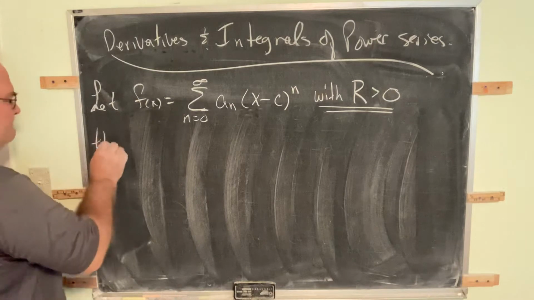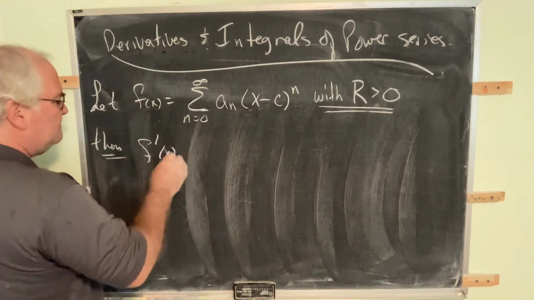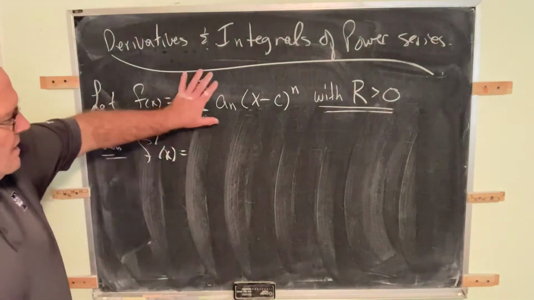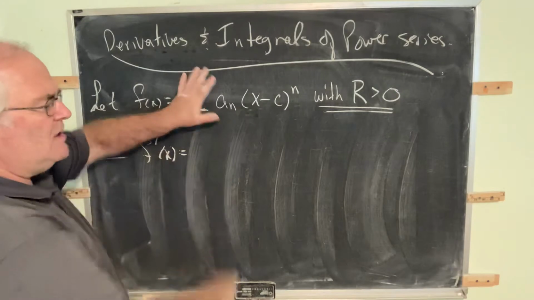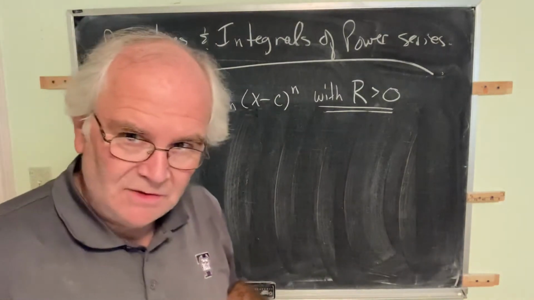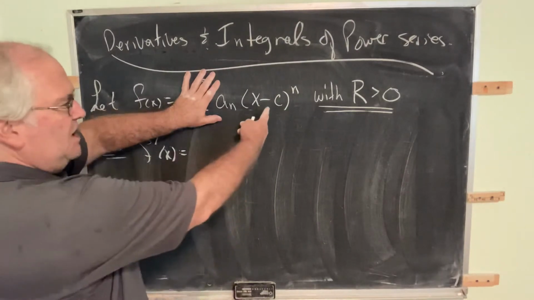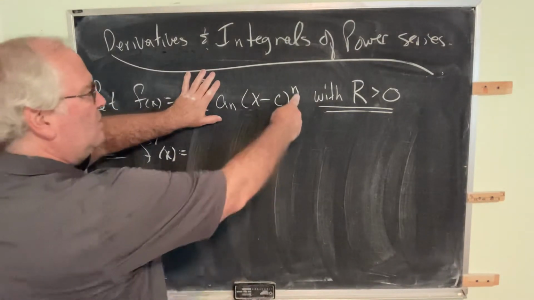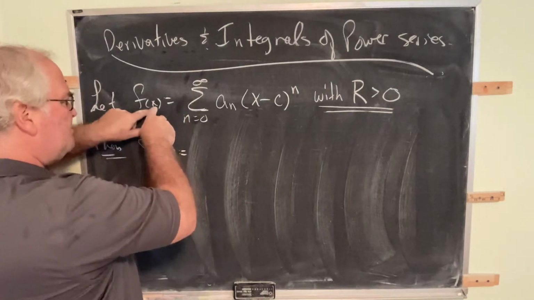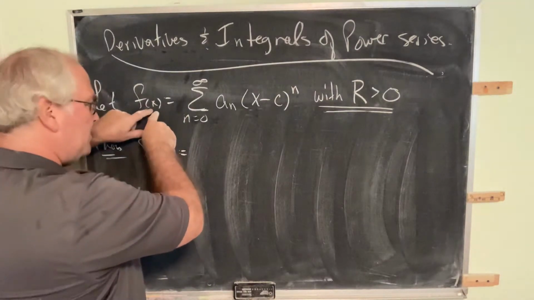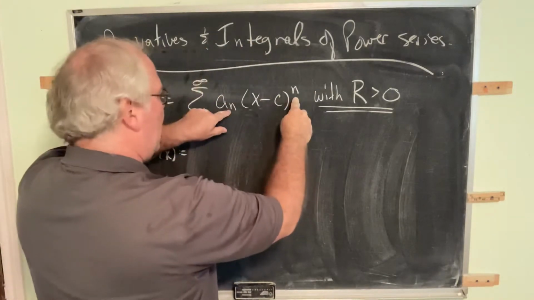Then the derivative is this. Power rule. That's one of the reasons this is called a power series. The derivative is just the power rule, with respect to x. With the derivative, x is the variable, n is the constant.